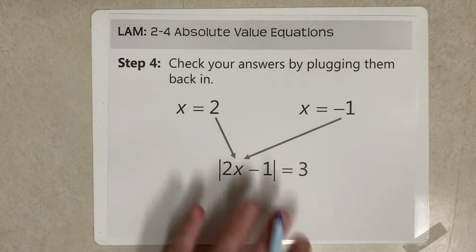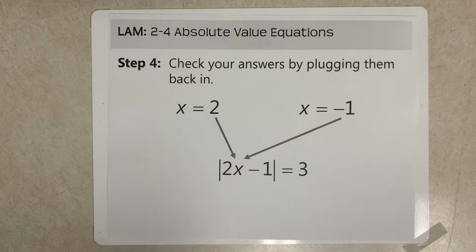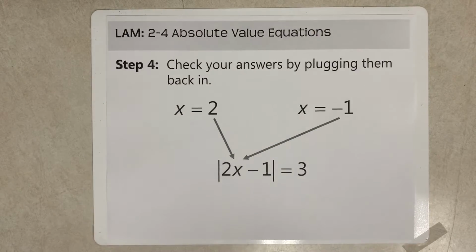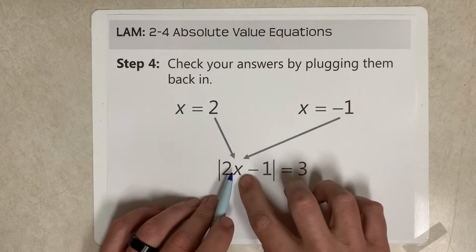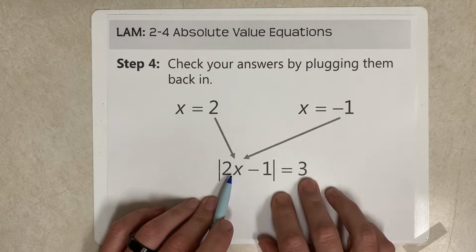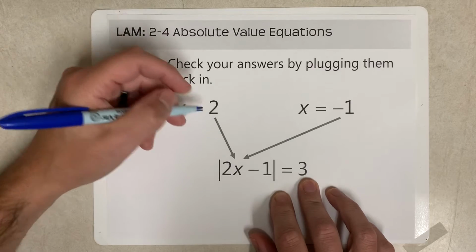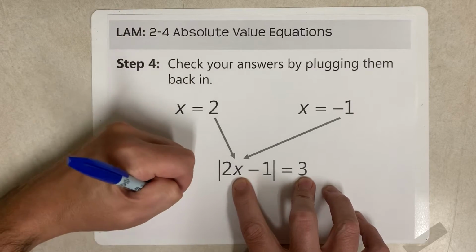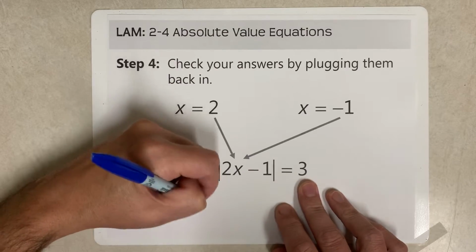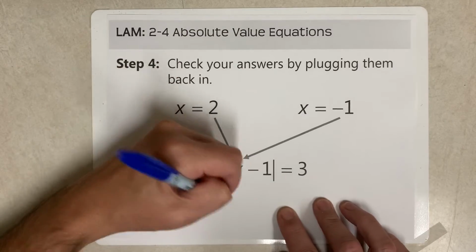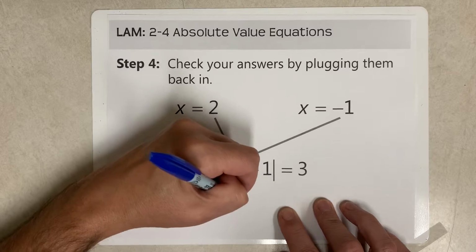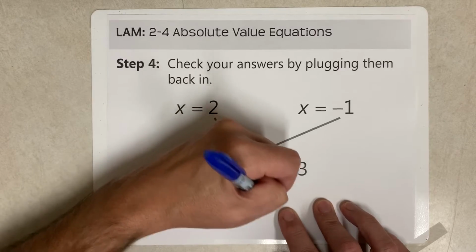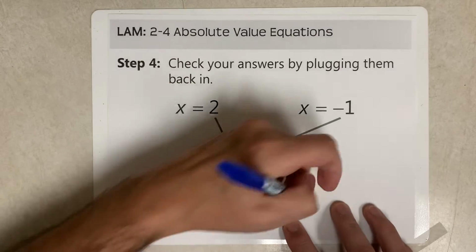Step 4, which I'm not going to be doing very much of because I need to save time, is when you do get your solutions, plug them back in, each of them, and check them to see if they work. For instance, if you have x equals 2 and you plug it back in, you would say absolute value of 2 times 2 minus 1 equals absolute value of 4 minus 1 equals absolute value of 3 equals 3.